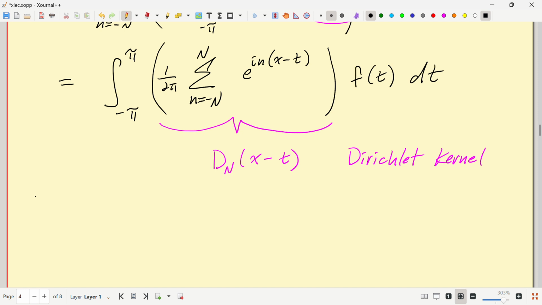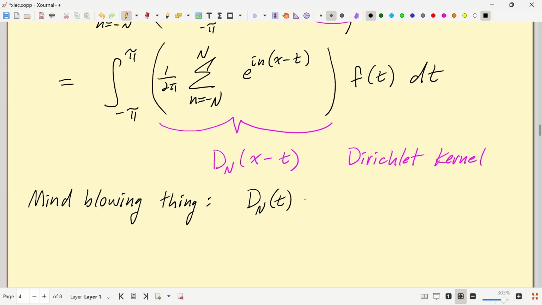So D of t, here's a mind-blowing thing. The Dirichlet kernel, Dn of t, is something very simple.